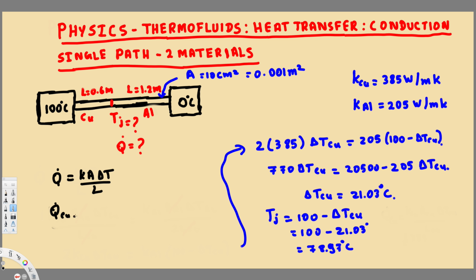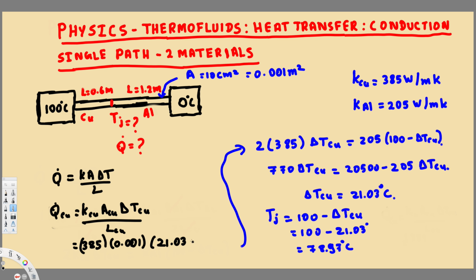K_Cu is 385, and then A_Cu is 0.001 meter square, times delta T_Cu, which is what we calculated right here, 21.03, over the length of copper, which is 0.6. If you calculate this one you should get 13.49 watts, and that's going to be the final answer.